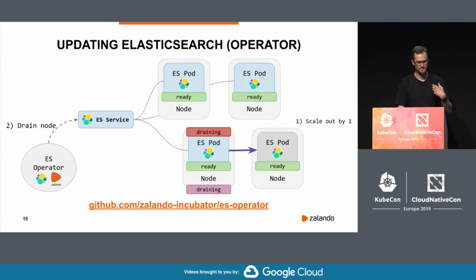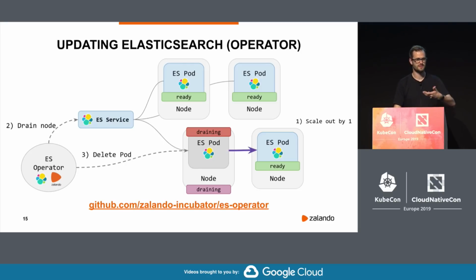Then it calls into Elasticsearch, similar to what this pre-stop script would do, and says exclude this particular node from the cluster, so data is moved out of it, and this will then move to the new Elasticsearch node that is available. And once the data is moved, the ES operator can safely delete the pod because now it's completely empty and it's fine to delete it.